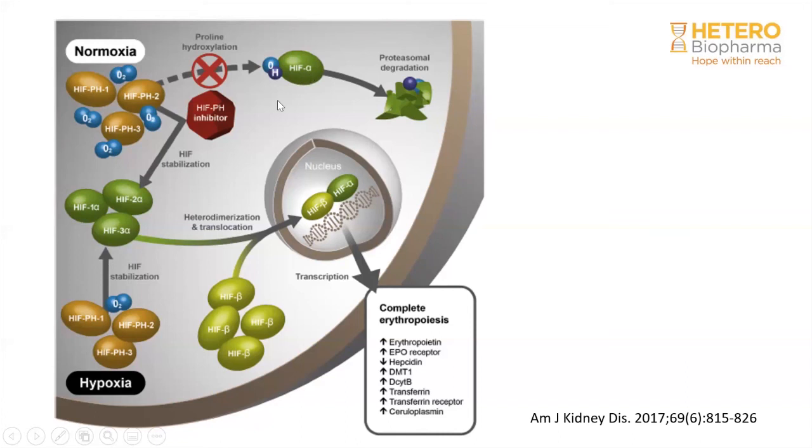So if you want erythropoiesis to continue, you want HIF alpha to combine with HIF beta and the process to be stable. There are three types of HIF alpha: 1, 2, and 3. What is more important is 2 alpha. 2 alpha is mainly present in the kidney, while 1 alpha and 3 alpha are present in other organs.